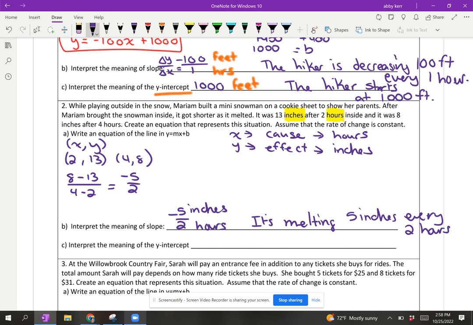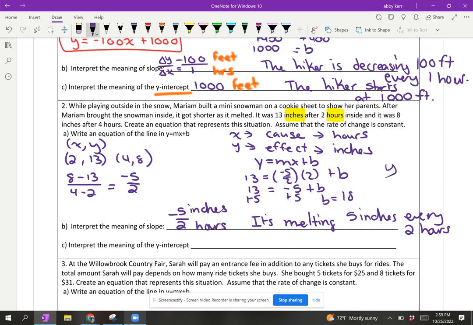Now we have to figure out what we're starting with, and that's when we have to do that triple substitution. So my y is going to be 13. My slope is negative 5 over 2. And then that's 2 plus b. Simplify that. So my b is 18.